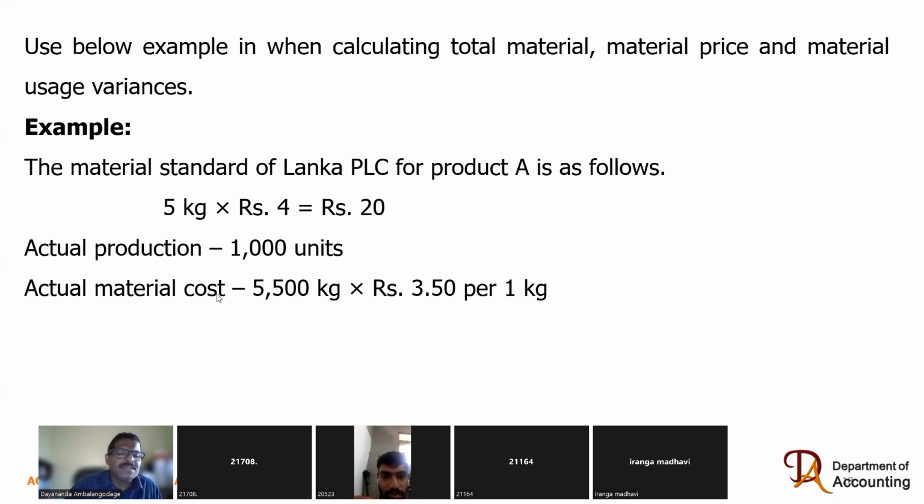Actual material cost is 5,500 and actual cost is 3.5. Then it is very easy for you to understand the variances, the 2 variances or the total variance.